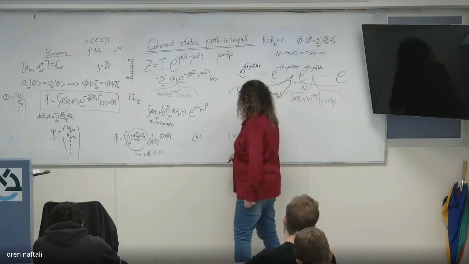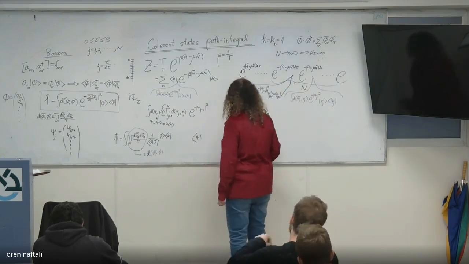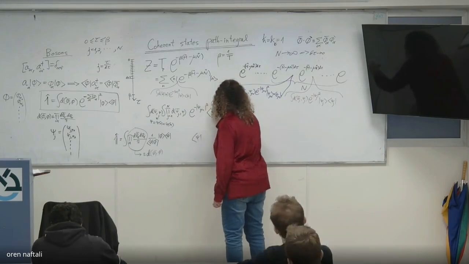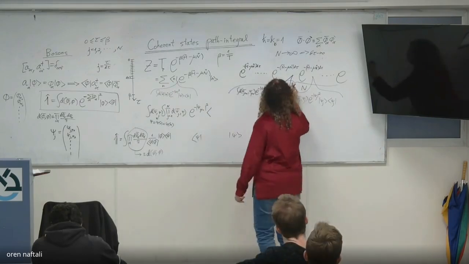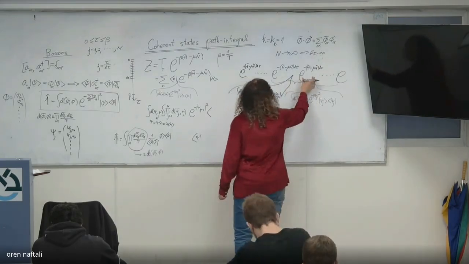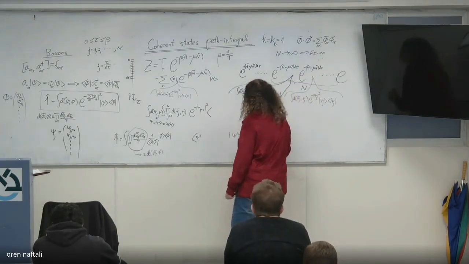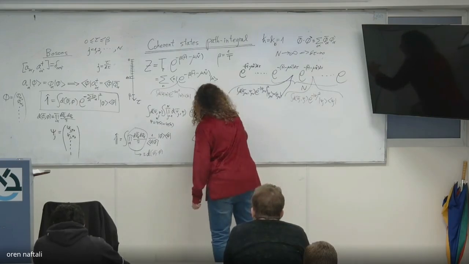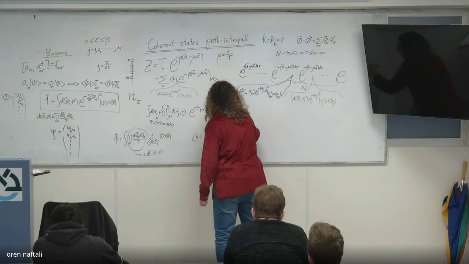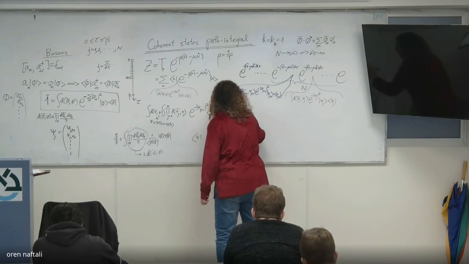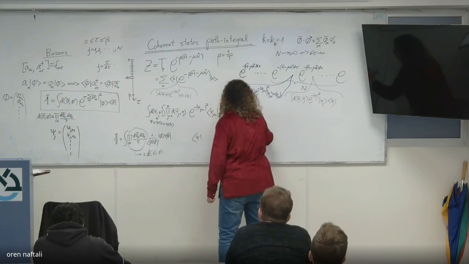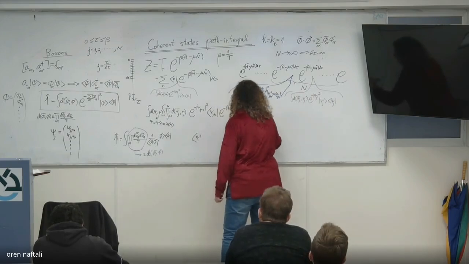Then I have a matrix element, not expectation value, of my single step operator between psi j plus 1 and, let me write it, the tau psi j.